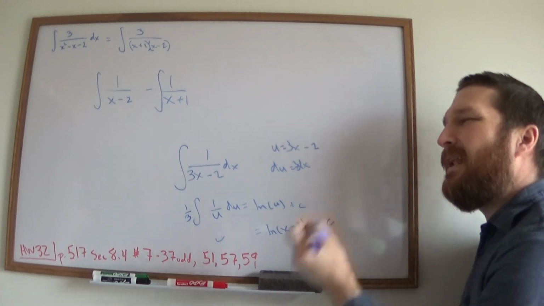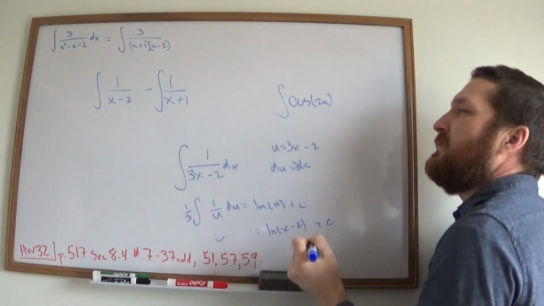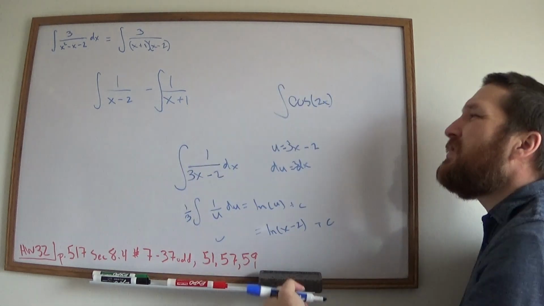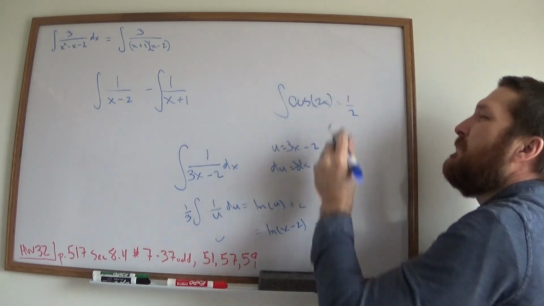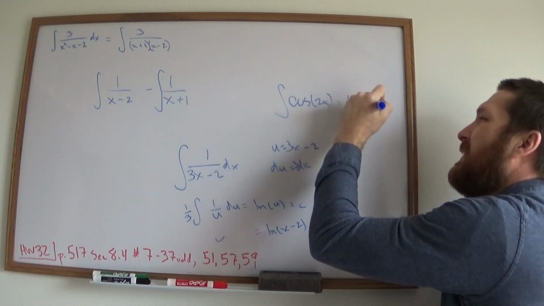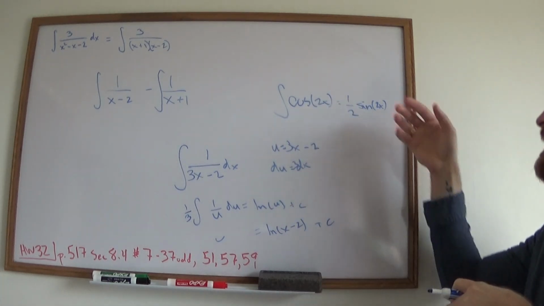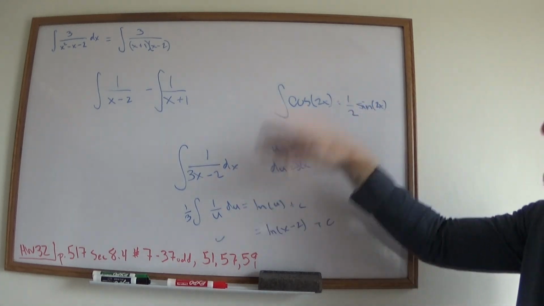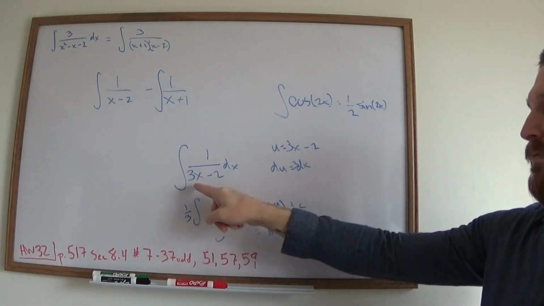It's kind of like when you have cosine 2x and you take the antiderivative of it, you know that the 2 has to go into the bottom, right? So you just go, well, it has to be 1/2 whatever the antiderivative of that is, and so sine 2x. Then you check it, you take the derivative, the sine goes to cosine, the 2 comes out, kills the 1/2, and you get your cosine back. And so it's kind of the same thing with these, right?